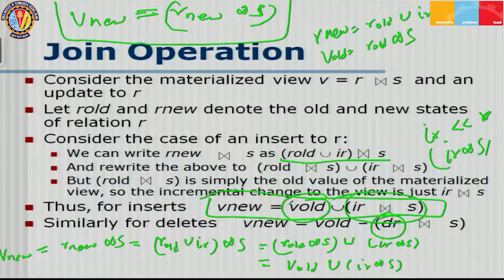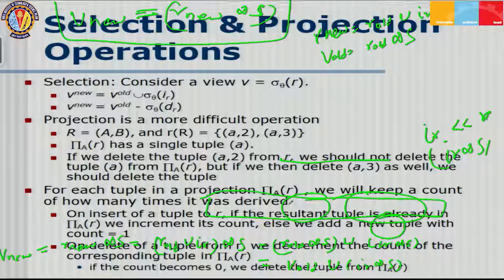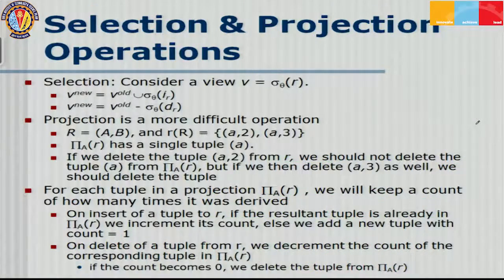So let me now come to the next, so let me clear this annotation. So now I'm doing it on selections and projections. So suppose you have a view which is a selection on R, and there is some condition theta that is to be checked for selection.